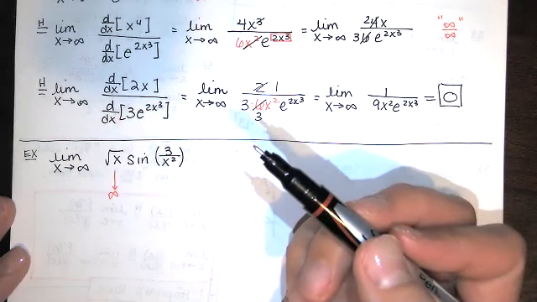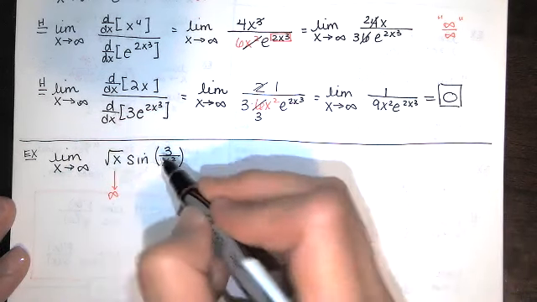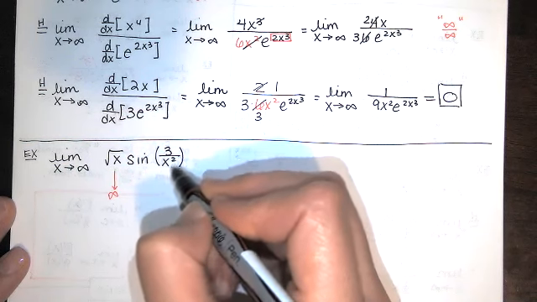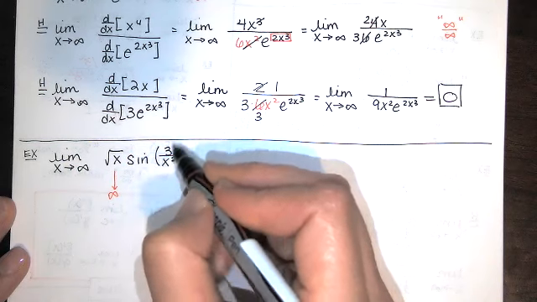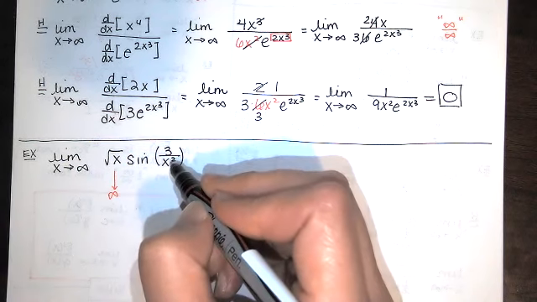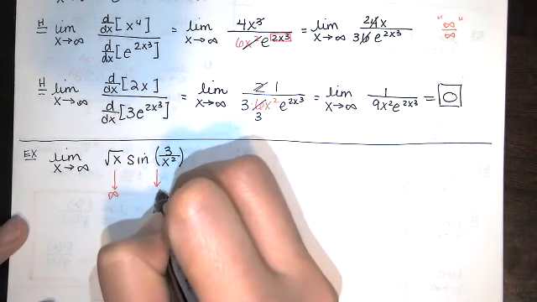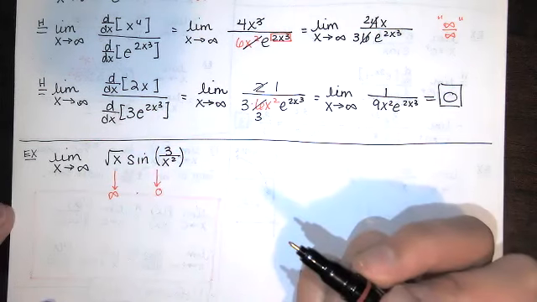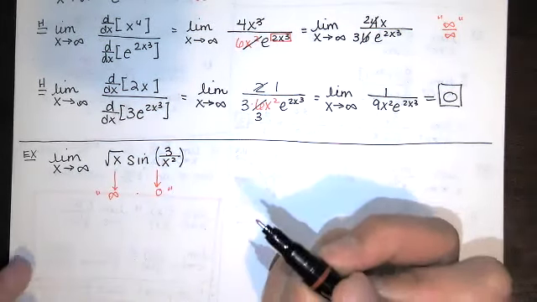You take the square root, it's still very large. And then over here, as x goes to infinity, I've got 3 over x squared. So that's approaching 0. And now I've got sine of a function that's approaching 0. Sine of a number that is close to 0 is a number that's close to 0 as well. So we have an infinity times 0 indeterminate form.